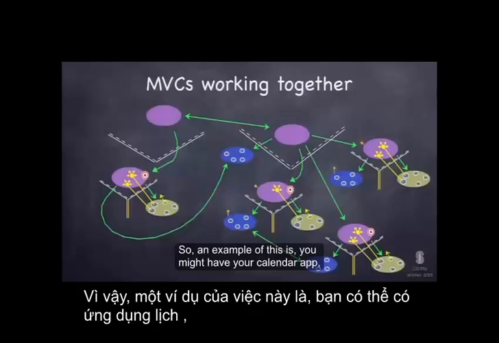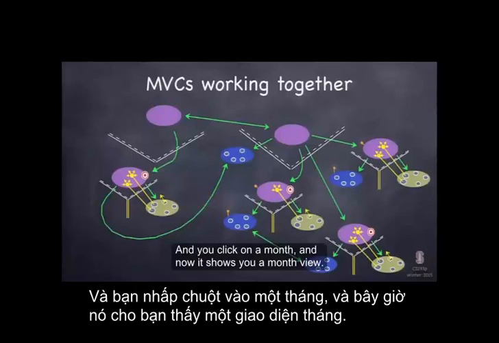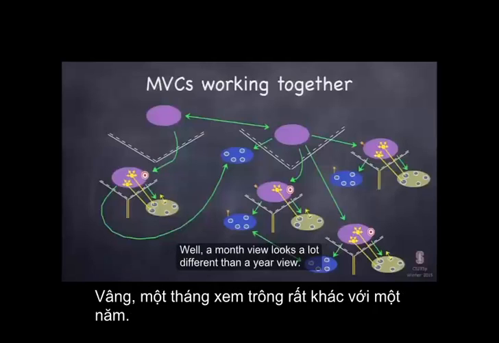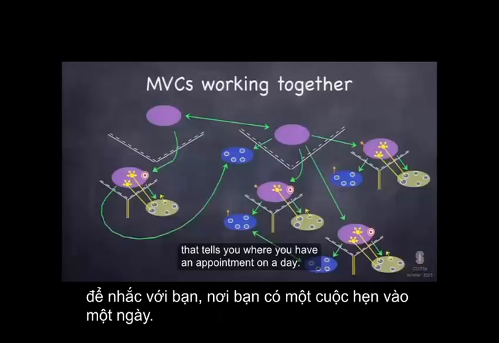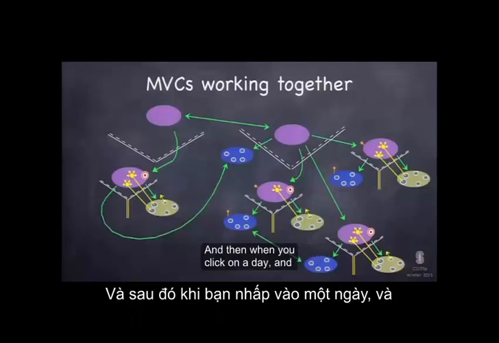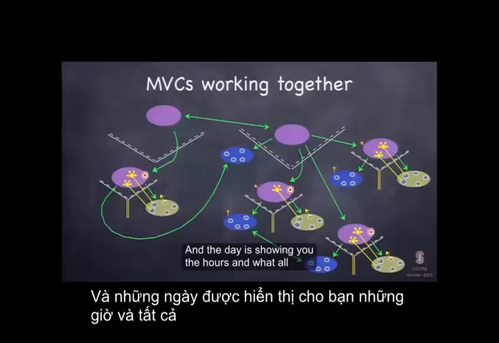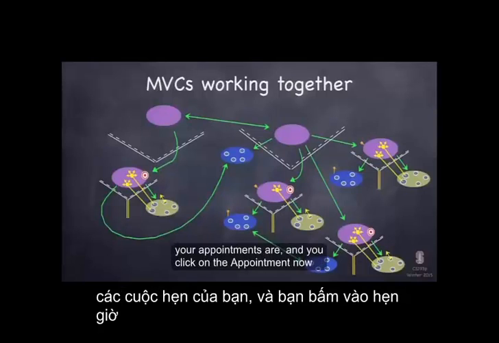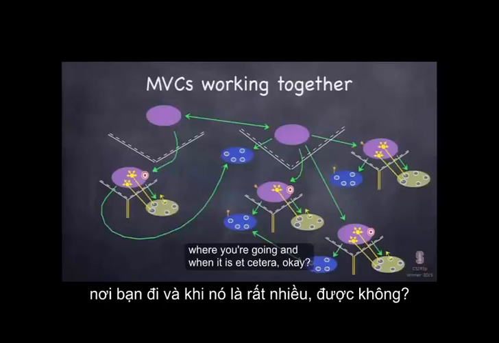So an example of this is you might have your calendar app, and it's showing you the entire year. And you click on a month, and now it shows you a month view. Well, a month view looks a lot different than a year view. A month view just has all the days and maybe some circle that tells you where you have an appointment on a day. And then maybe you click on a day, and now you get a day view. Okay? And the day is showing you the hours and what all your appointments are. And you click on an appointment, now you get an appointment view, and it's showing the detail of where you're going and when it is, etc. Okay?